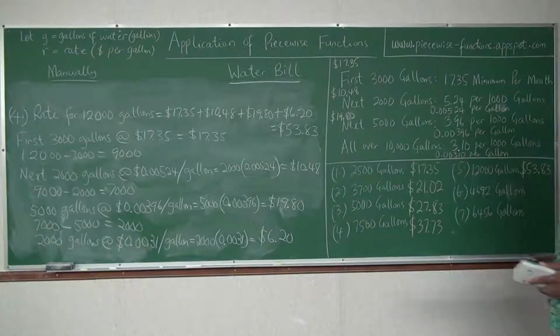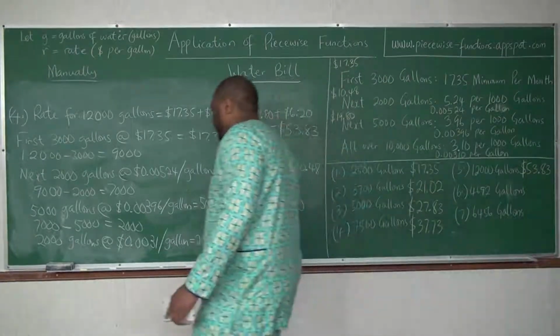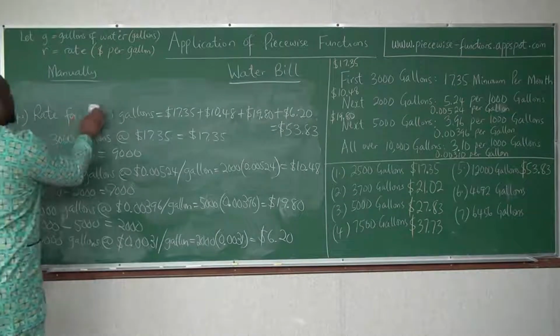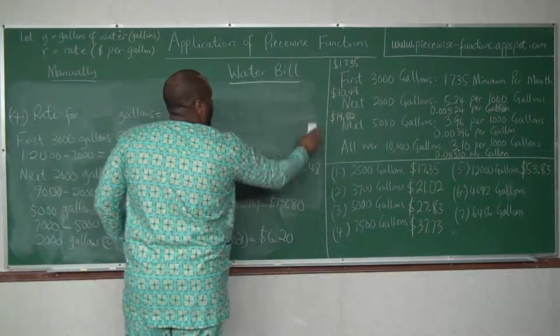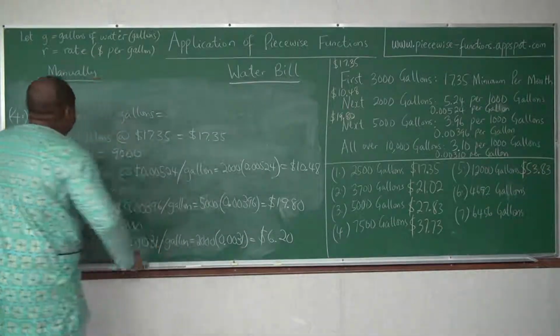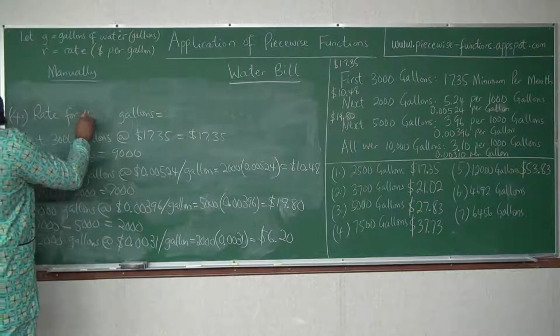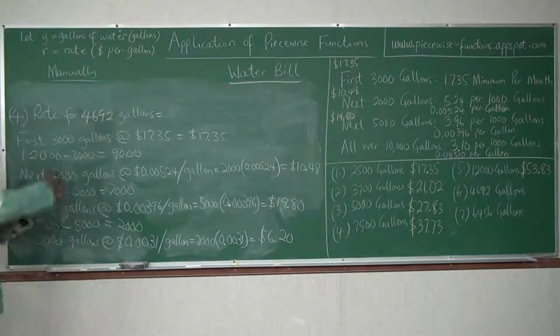Number 6 and 7 is the same thing. So the rate for 4,692 gallons. So first 3,000 gallons, we have that.